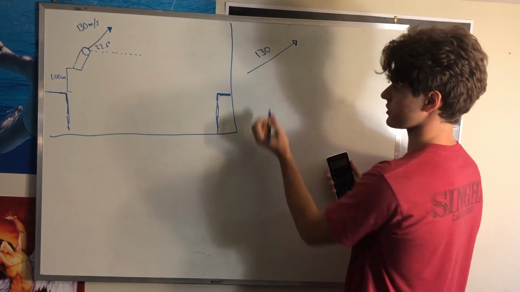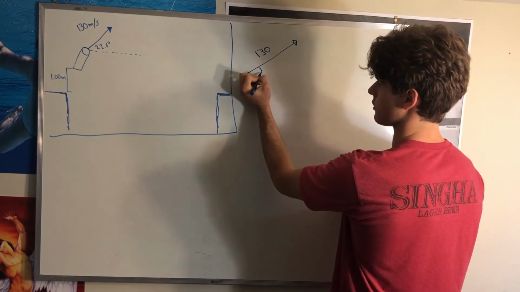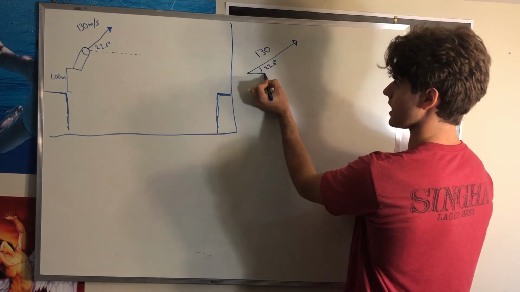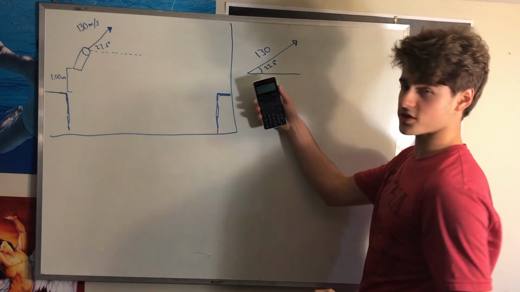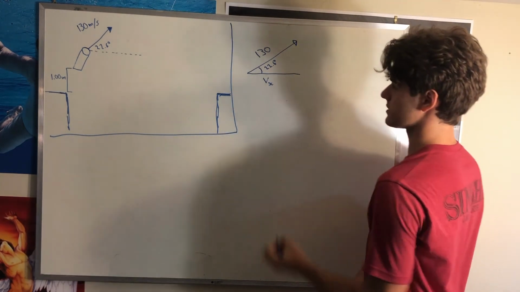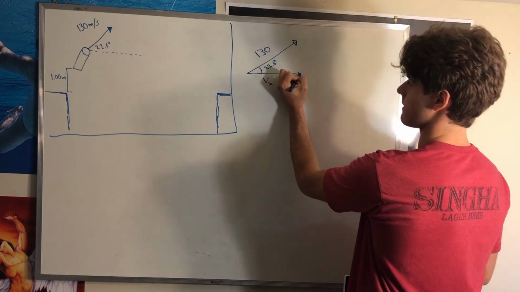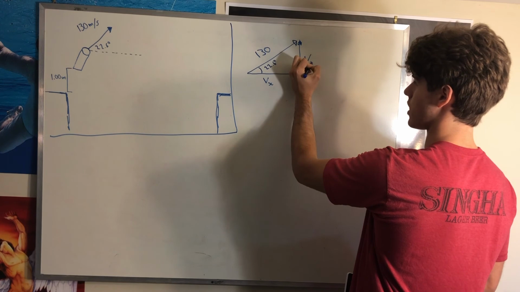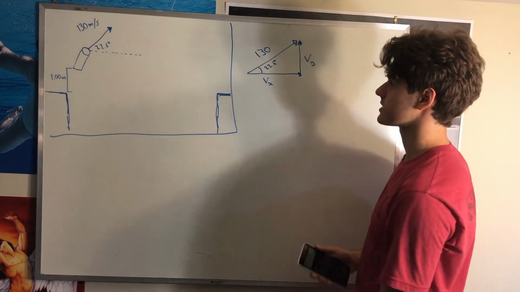So for this vector, and it also has an angle here of 22.6 degrees, it's going to have a horizontal component. We'll call that v of x. And it's also going to have a vertical component. We call that v of y, for y-axis and x-axis.